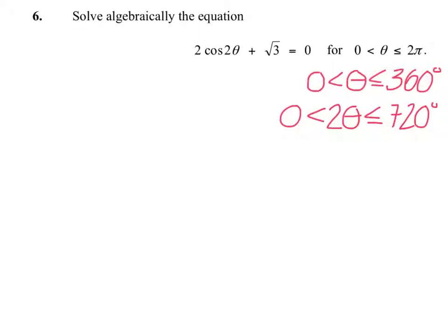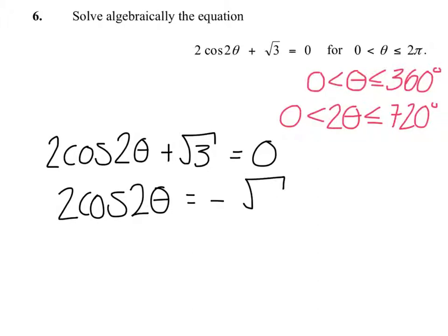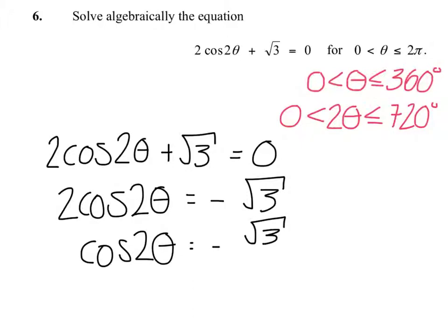Writing down the equation that we're going to solve, it's 2 cos 2 theta plus root 3 equals 0. So rearranging, we get 2 cos 2 theta equals negative root 3, which means that cos 2 theta is equal to negative root 3 over 2.